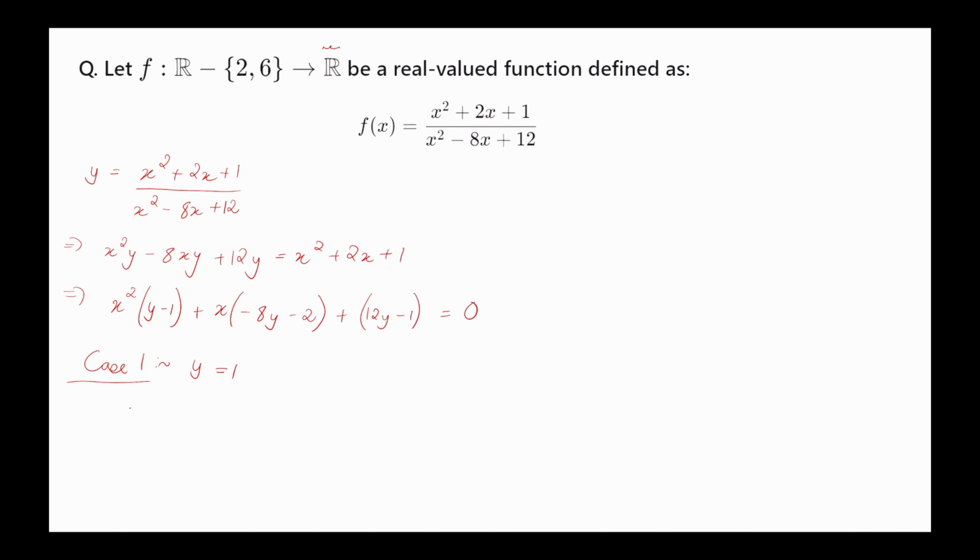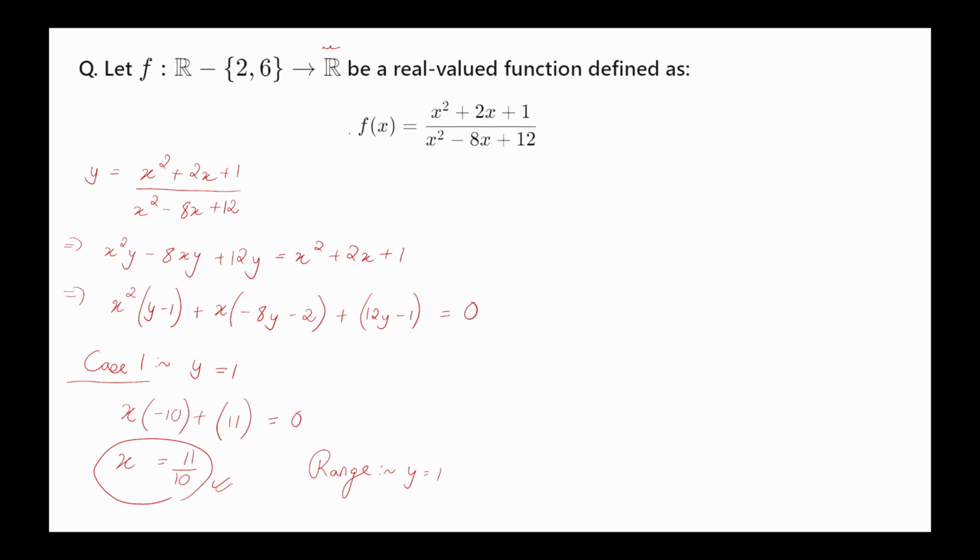I would have x times minus 10 plus 11 is equal to 0. So from here I get x is equal to 11 by 10. And is 11 by 10 included in my domain? Yes, it is included. That means in my range, I have y is equal to 1. So this is one portion of the range that I've gotten.